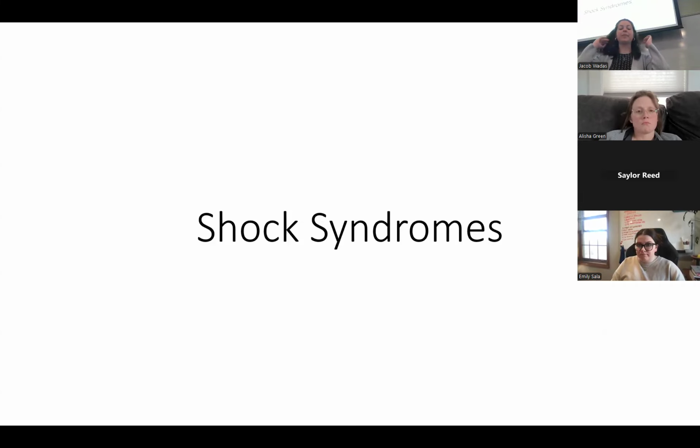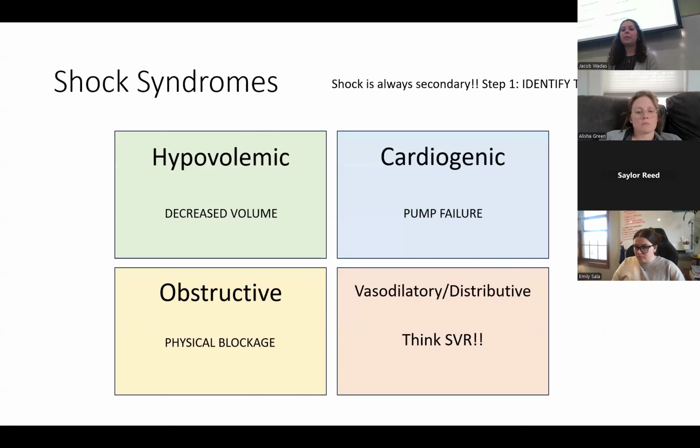Nope. Okay. So shock syndromes. Let's talk about it a little bit. I like to think about this in terms of the cause first, because one of the things that I don't know if they mentioned to you is that shock is never something that just happens.